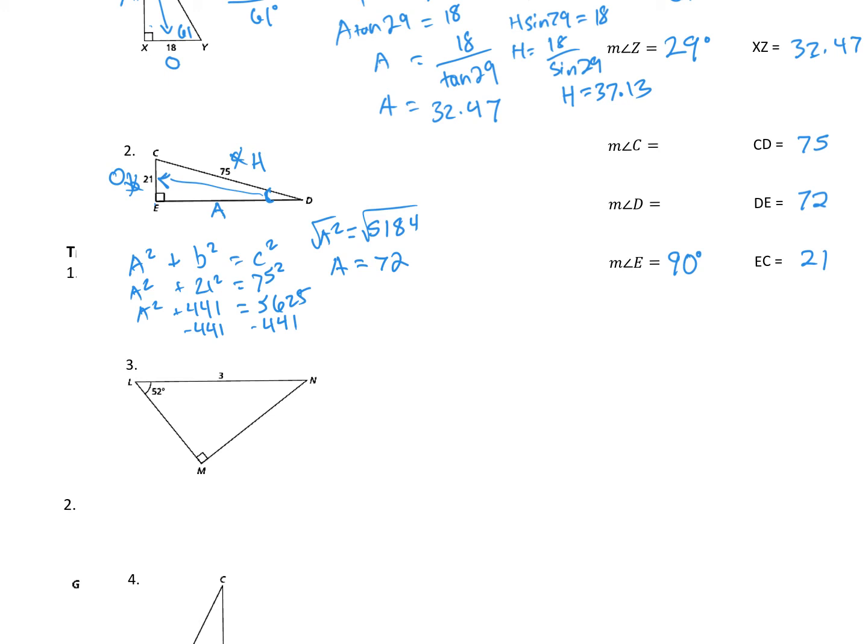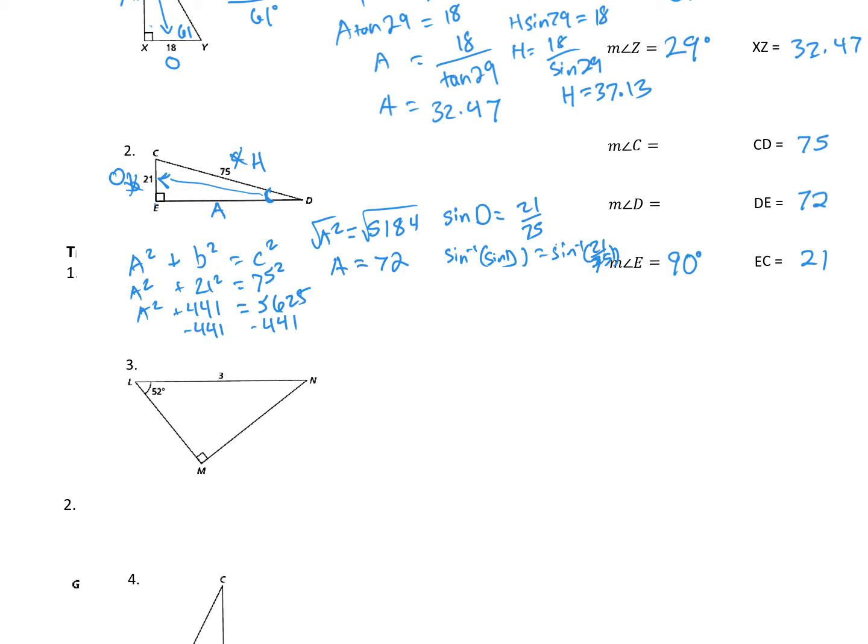So my sine of D is equal to 21 over 75. So I just got to find the inverse of sine of D must then equal the inverse of 21 over 75.